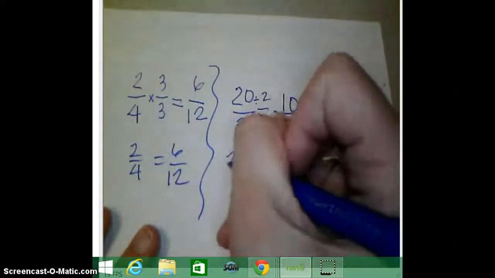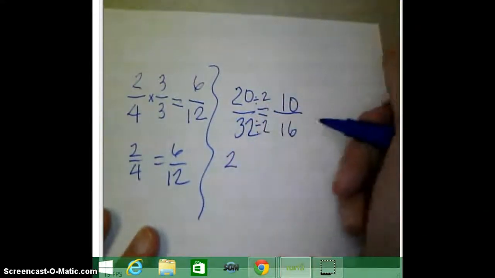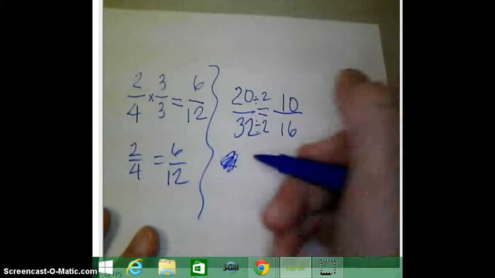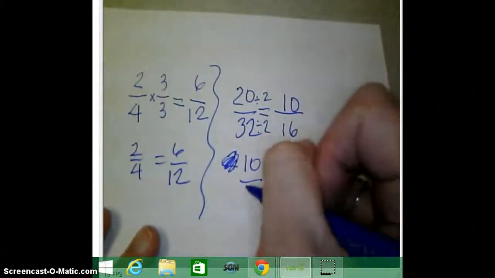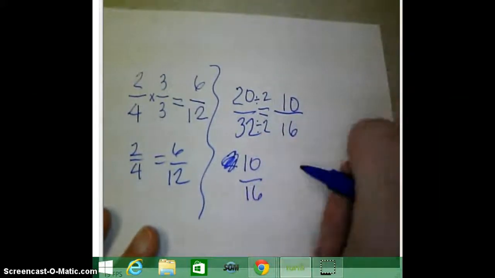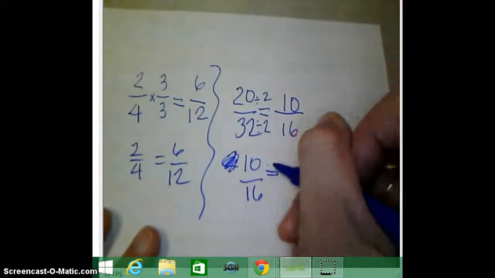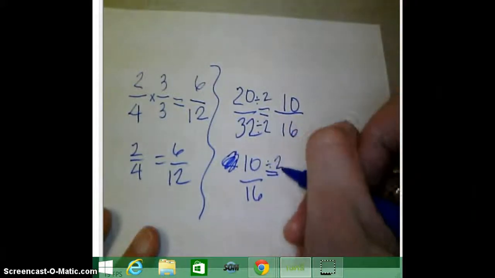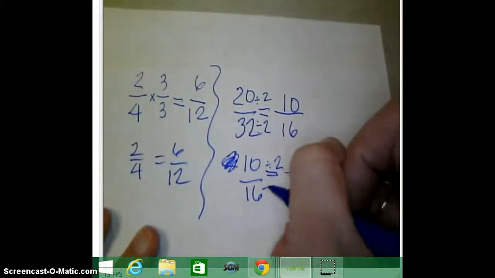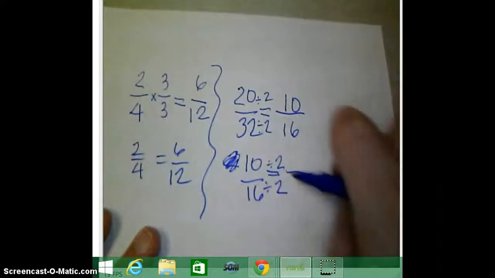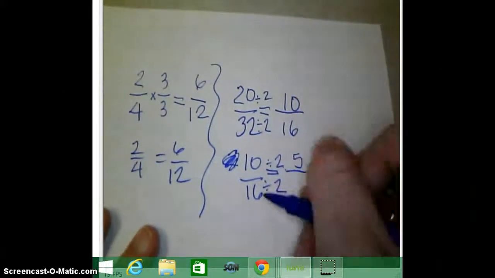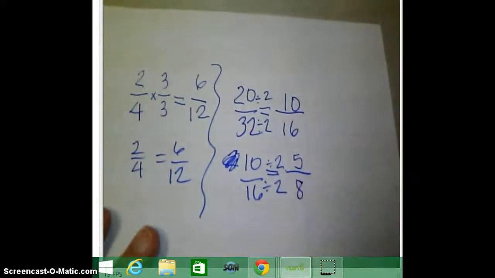But let's do another. Instead of 20/32 again, I can put 10/16 and say it's equal to, and divide by 2 again, and then divide by 2 on the bottom again. So 10 divided by 2 is 5, and 16 divided by 2 is 8.